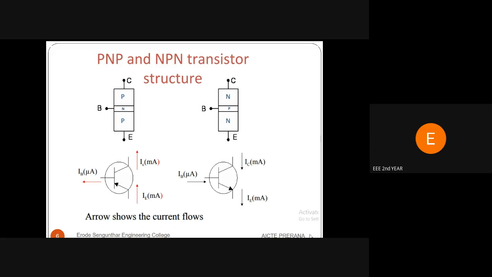Looking at the two symbols of PNP and NPN transistors, both are the same, with only one difference, the arrow mark indication. In the PNP transistor, the arrow points towards the base. In the NPN transistor, the arrow points towards the emitter. The arrow mark indicates the direction of current flow. So in the PNP transistor, the current flows from emitter to base, whereas in the NPN transistor, the current flows from base to emitter.